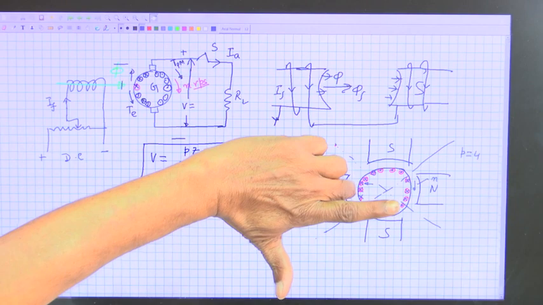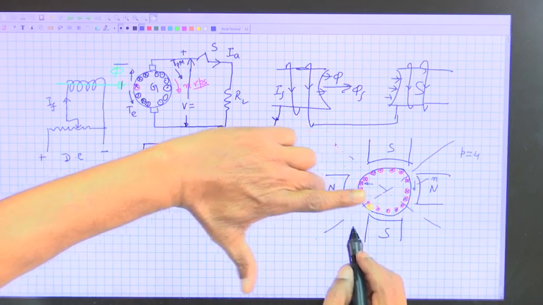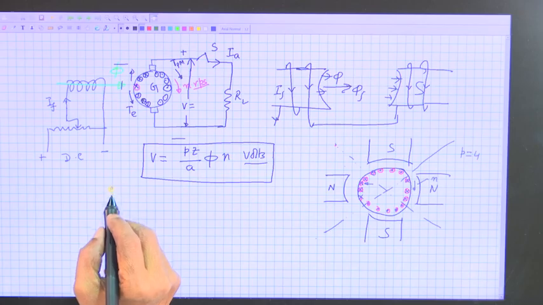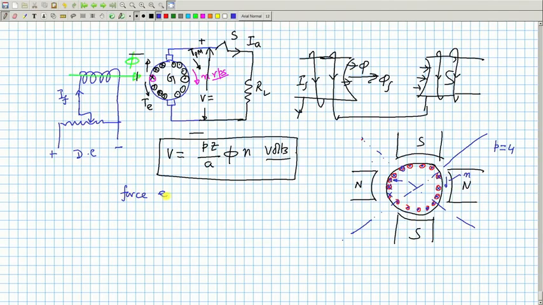B, I and L. So, the force experienced by a single conductor will be equal to B at this point into the current through this conductor, not the total current, that is very important.